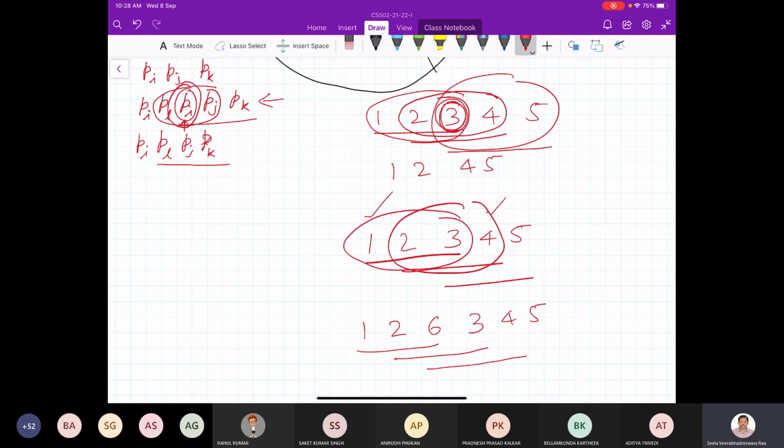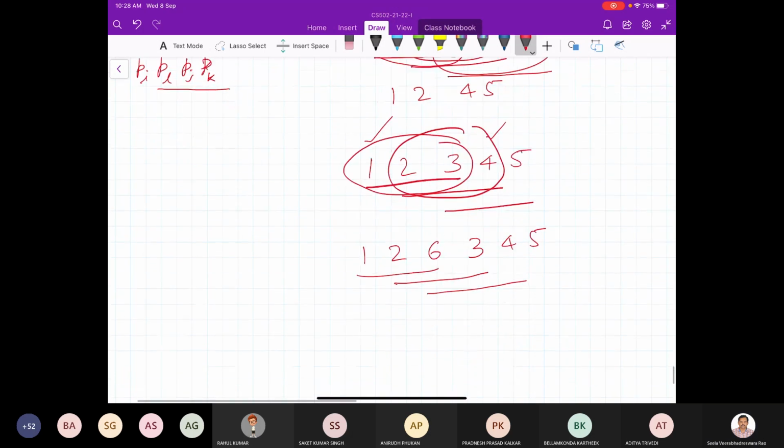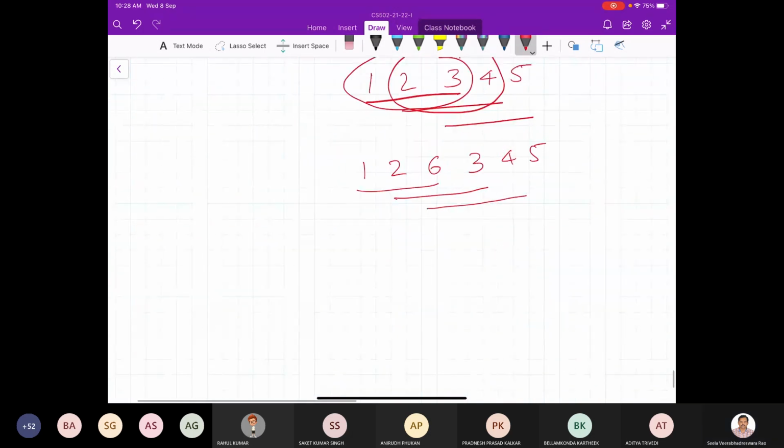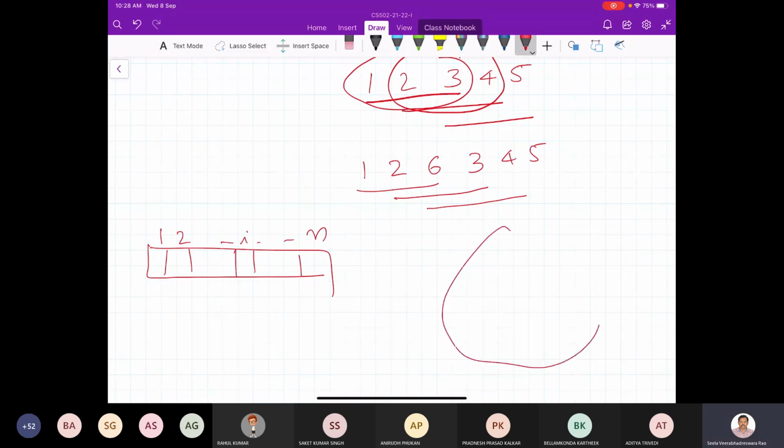But if you maintain an array of nodes, at index I you put a cross pointer from this array to the location of node I in the priority queue. Suppose you have an array here of nodes 1, 2, to n, and you have a priority queue here, and node I is somewhere here. You put a cross pointer from here to here.